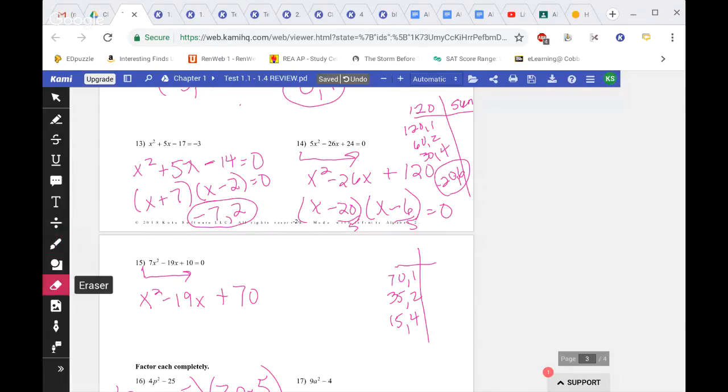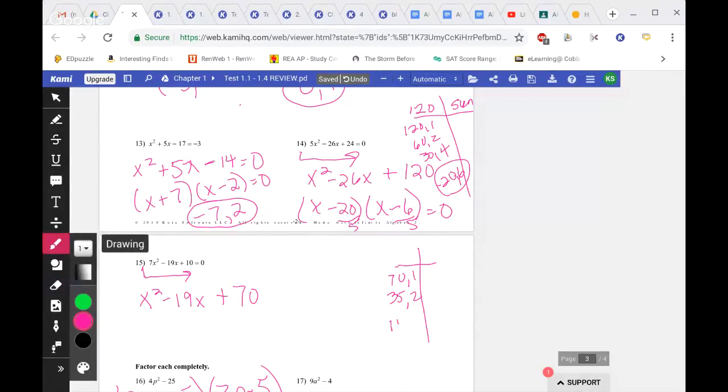So that's not it. 14 and 5? Yep. 14 and 5. There we go. Gives me 70. Negatives. All right.